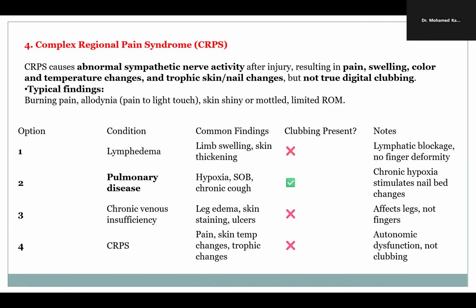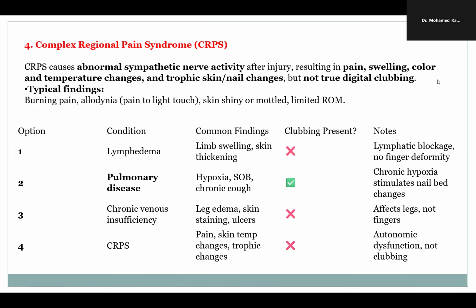So what are the findings of complex regional pain syndrome? Again, burning pain, allodynia, which is pain to light touch. Skin will be shiny or mottled, which we call trophic changes. Limited range of motion.